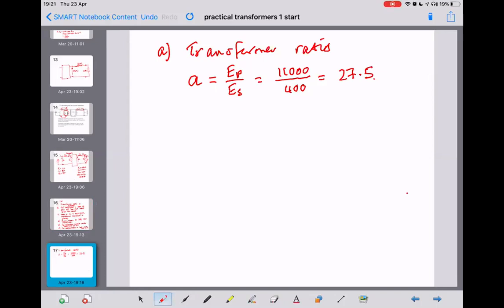B, how can I find I2 at full load, given the information that we've got? Anyone see it?